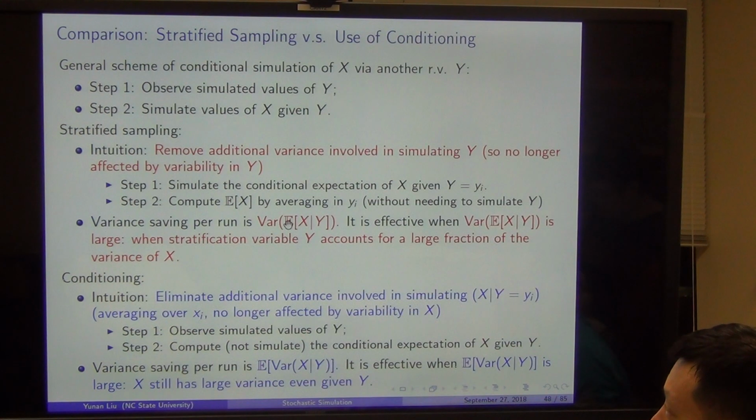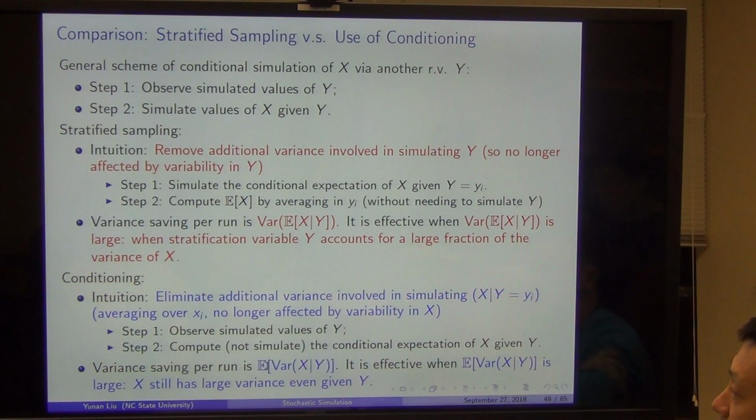You can compare with this: this is the variance of E, this is E of variance. It is effective when this piece is big. It's big when X still has a large variance, even given Y. This is the variance of X given Y. So if X is very variable even when Y is fixed, then this piece will be big. So these two supplement each other.